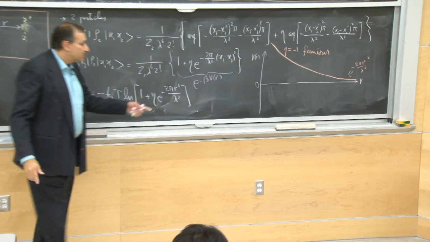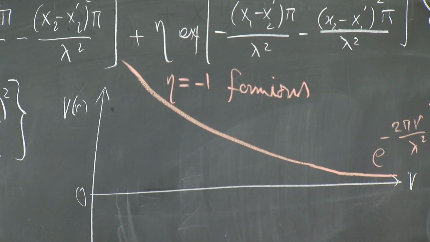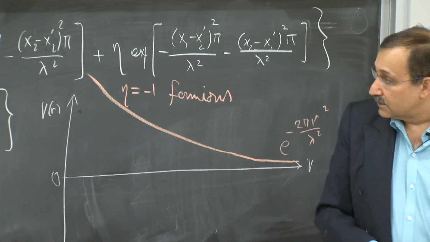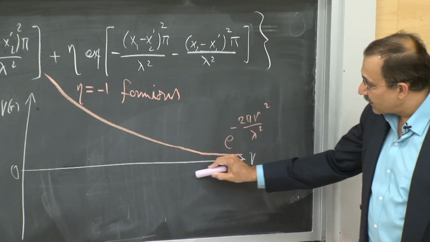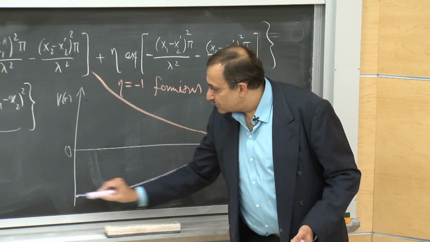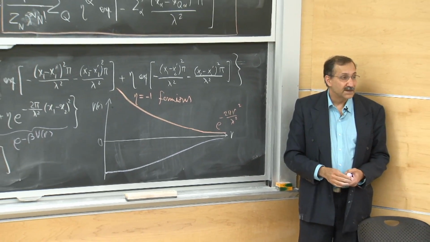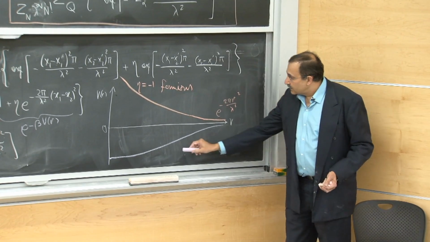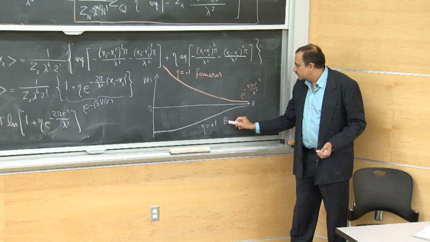For the case of bosons, eta plus 1, it is log of 1 plus something, so it's a positive number inside the log. The potential will be attractive, and it will actually saturate to a value of kT log 2 when r goes to 0. So this is, again, eta of plus 1 for the case of bosons.